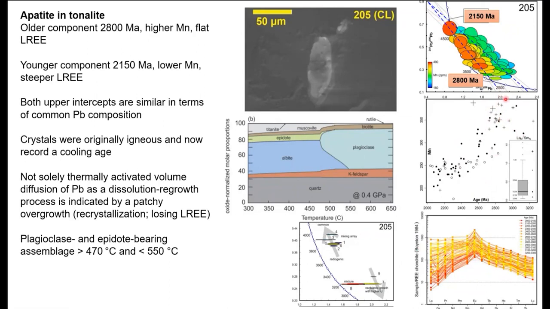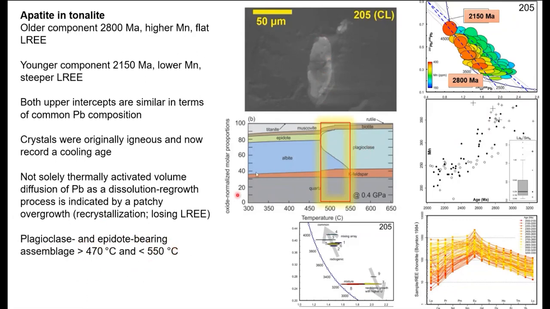So the point of this is that there's been some chemical modification and recrystallization of our apatite grains, and we can say something about the pressure-temperature conditions it occurred under, because there's a relationship to epidote in these recrystallized domains. So we can say something about the time-temperature conditions of that recrystallization process.